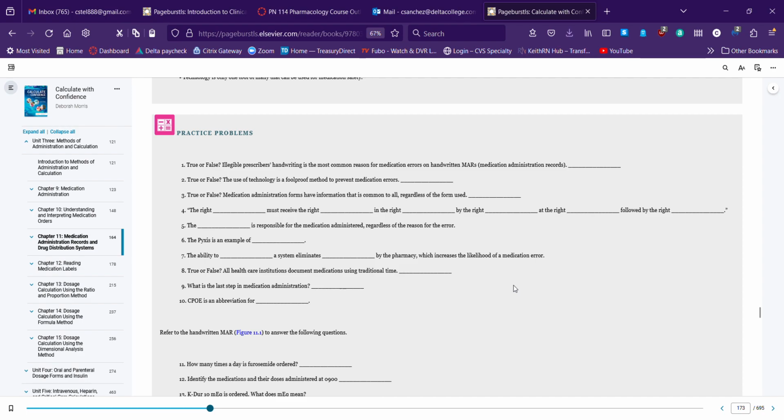All right, so military time. You will have military time also on your calculations exam. And y'all, it starts at 0 and it just goes all the way up to 2400, which is midnight. So if it's 1 a.m., it's 0100. If it's 2 a.m., it's 0200. If it's 3 a.m., it's 0300.